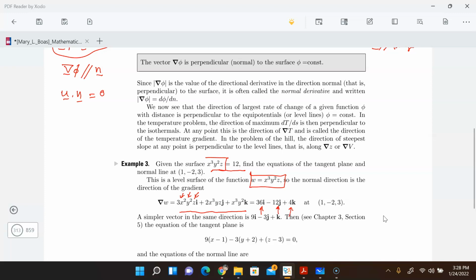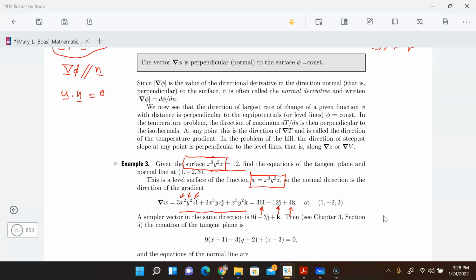So now what we know is that your gradient of w is in the direction of the normal to this particular surface. But remember, at times you need to normalize it, at times you do not need to normalize it.